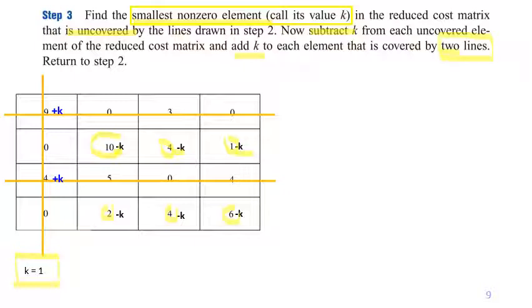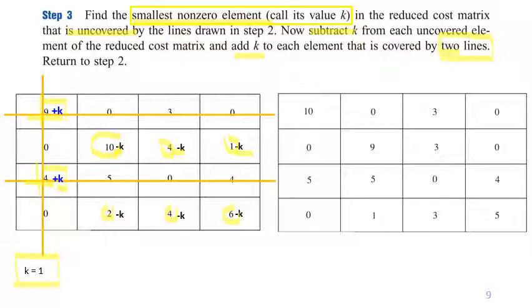Okay, so that's why we have 9 plus k, because you see 9 is covered by 2 lines. And then 4 is also covered by 2 lines, horizontal and vertical. So these two numbers, 9 and 4, we will add k to. Okay, and here's the result.